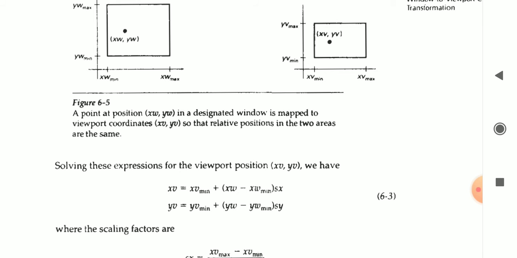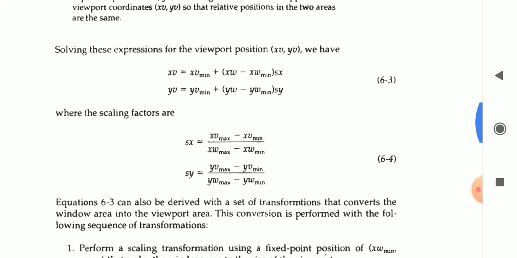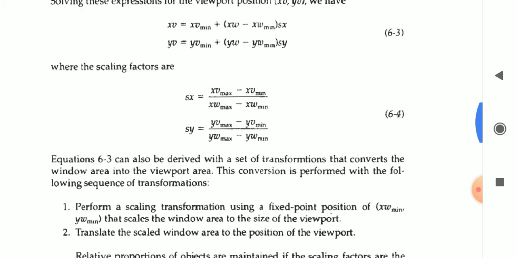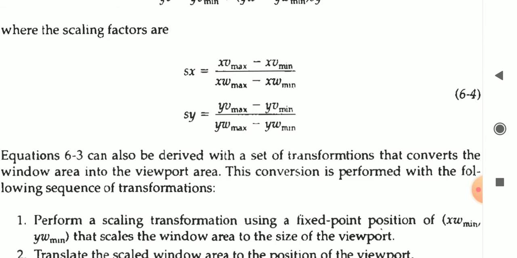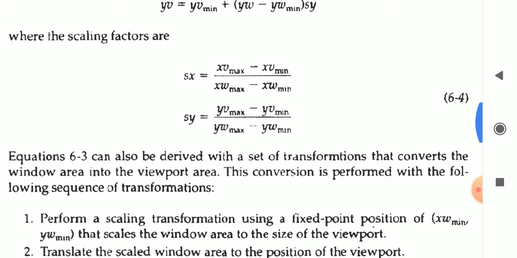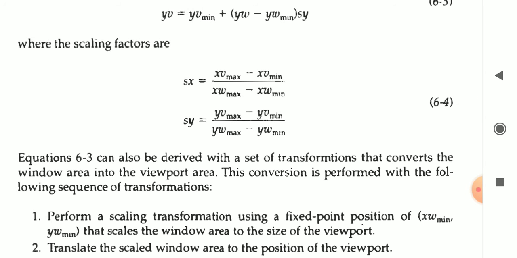So the scaling factor on the x side and y side must be calculated and multiplied with the viewport coordinate. Now we can see the formula of scaling. Sx and Sy are the scaling factors. The scaling factor of the x side and y side is given in formula 6.4. It takes the difference of viewport coordinates with respect to world coordinates. That ratio is calculated for the x side, and in the same manner, yv max minus yv min divided by yw max minus yw min.